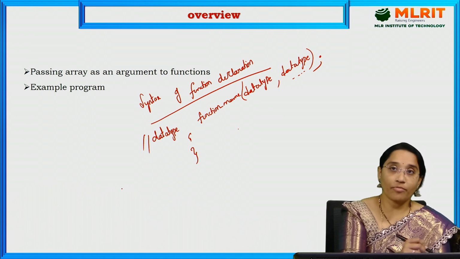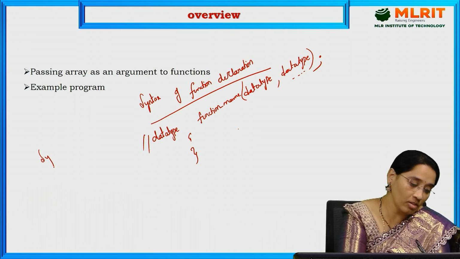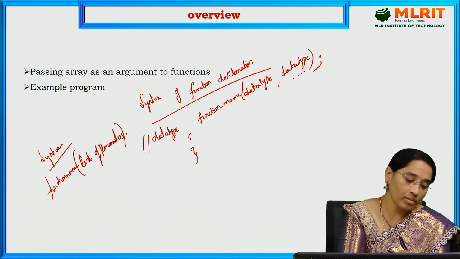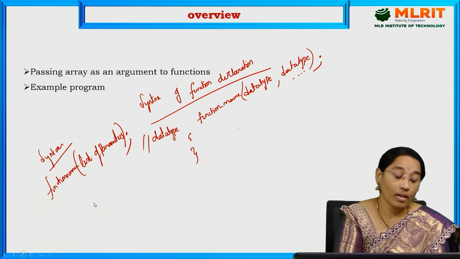And the syntax of function call. What is the syntax of function call? Function name and list of parameters. This is the syntax of function call. And function definition.